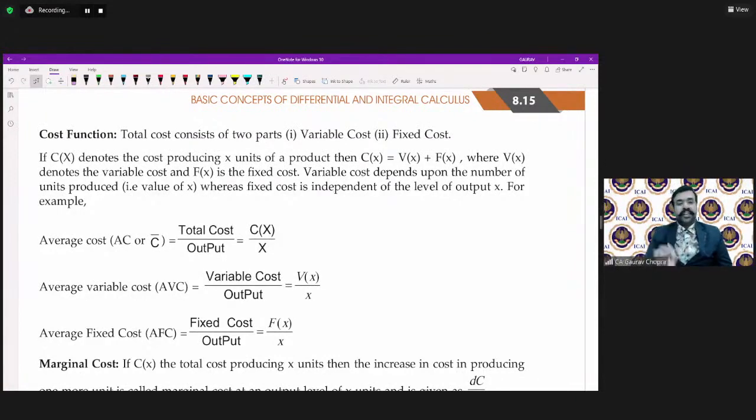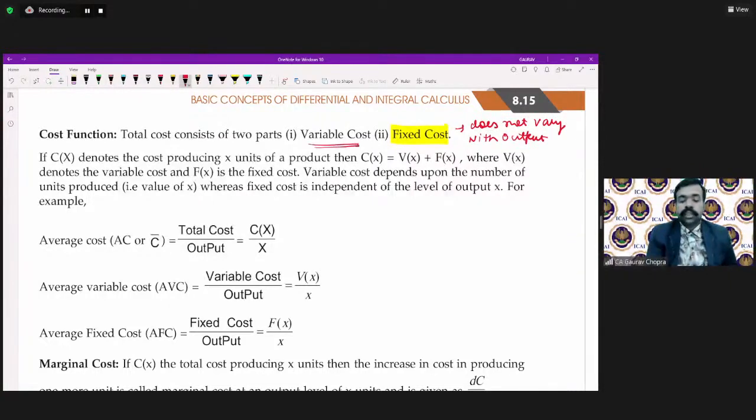If we produce 100 units, rent is 25,000. If we produce 500 units, rent is again 25,000. If we produce 0 units, then also rent is 25,000. So one part is fixed cost, which does not vary with the level of output.